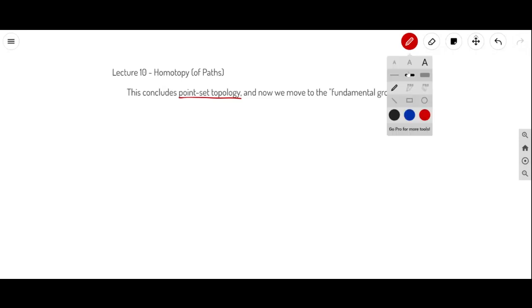Okay, so let's maybe recall what is a path-connected space. Take this definition.